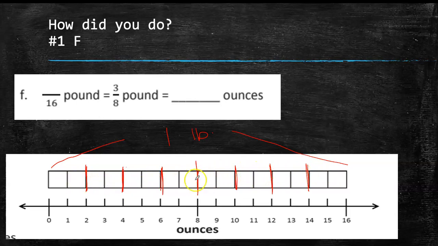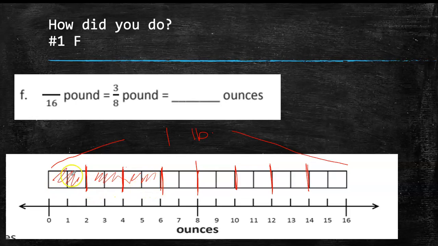I do. Great. So now how many 8ths am I going to shade in? 3. So there's 1/8. Here's another 8th. And here's my other 8th. So I have 1/8, 2/8, 3/8. Okay. Now, how many of the 16ths did I shade in?